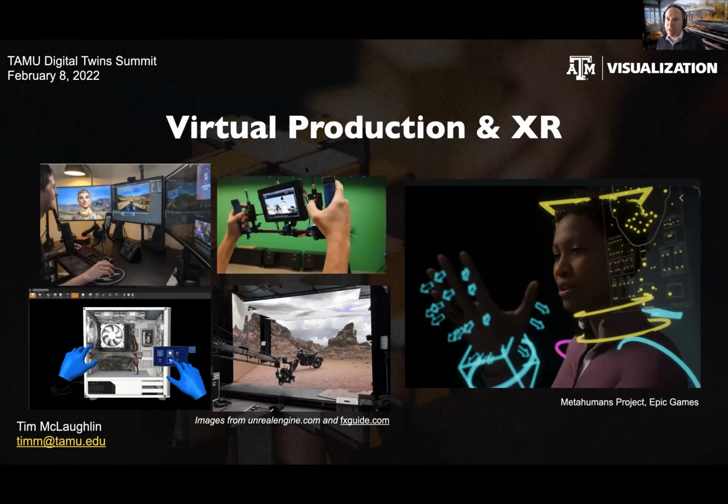We have the capacity to vary the visual fidelity of what we're trying to do up and down the range. We can achieve very high fidelity actors, such as the MetaHumans from Epic Games. We can integrate photorealistic environments with live actors. All this is coming together in what is known as virtual production or in-camera effects, and XR, extended reality.